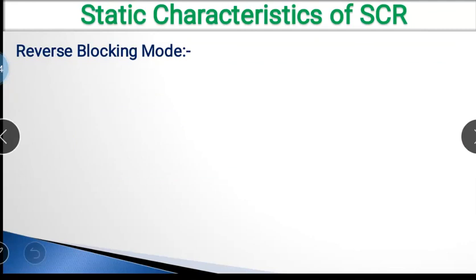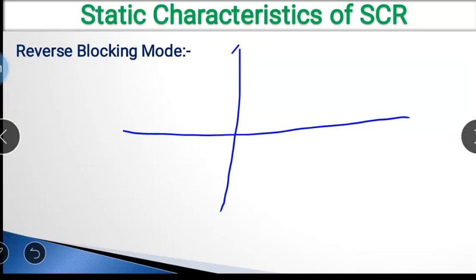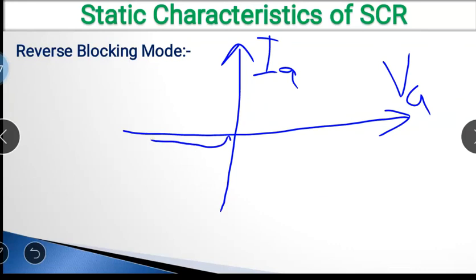You can see here, first this is the plot graph. This is the VA and this is the IA. So if we increase the voltage on the reverse side, okay, this is the reverse blocking mode.